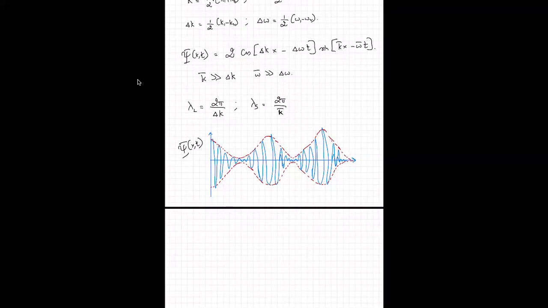Okay. Now, remember the question of localized objects. When I want something localized, I don't want something that is propagating all over space. I want a very small packet that is traveling in space and time. So I want something that looks like this. Let me draw this again. Suppose I manage to construct something that looks like this.